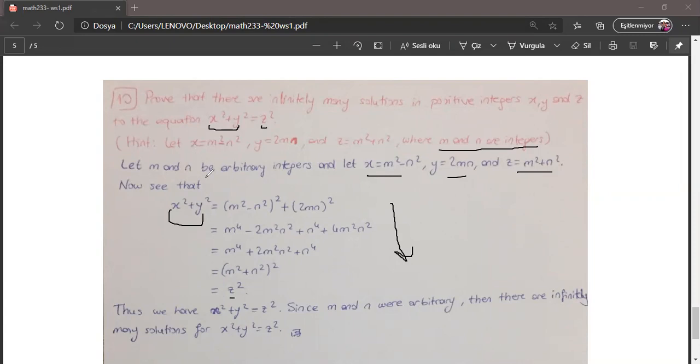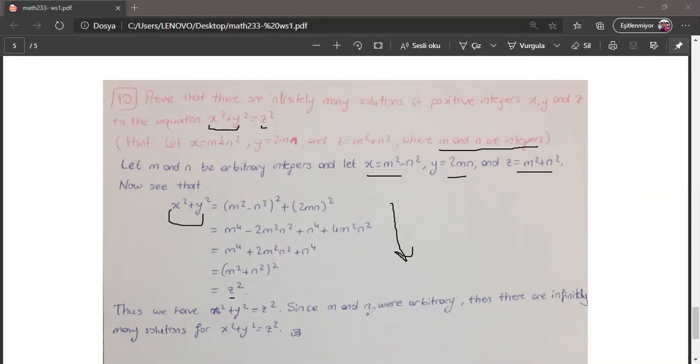As m and n were arbitrary, right? There is no bound for them, it means x, y, and z can be any integers depending on the choices for m and n.